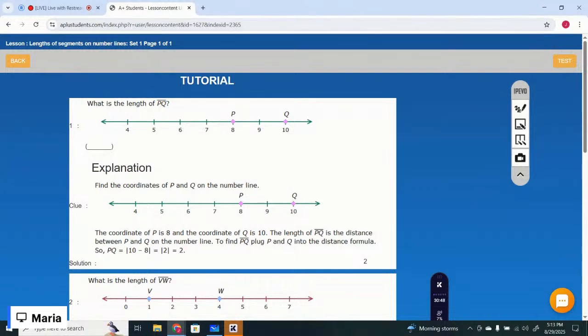So here is the point P and here is the point Q. So you have to find the length. You need to apply the distance formula, that is 10 minus 8. So the correct option is 2.